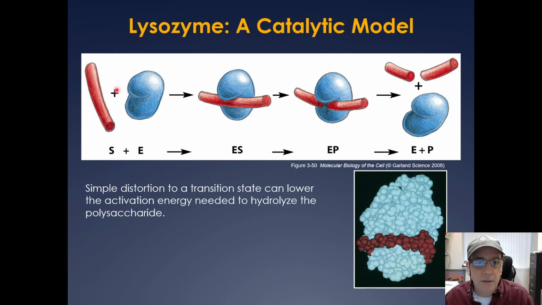Okay, and what it does is bacteria have oligosaccharides in their cell wall, and so when you take the oligosaccharide S here with the enzyme lysozyme, it forms an enzyme substrate complex, and then you get an enzyme product, and then the product is released from the enzyme, and in this case it's broken the oligosaccharide.